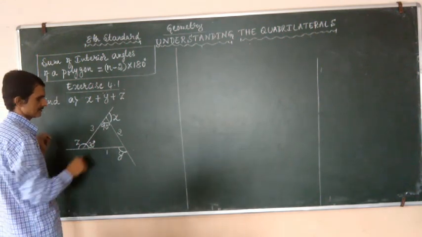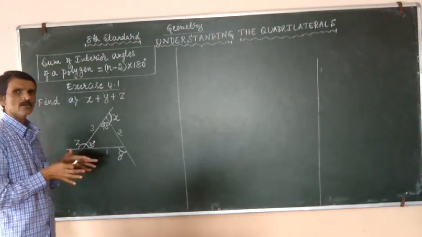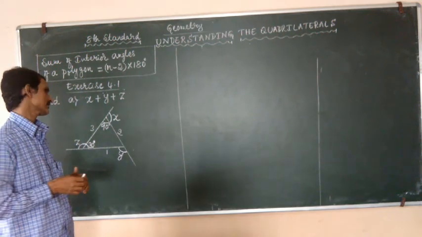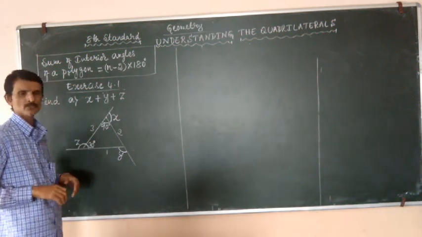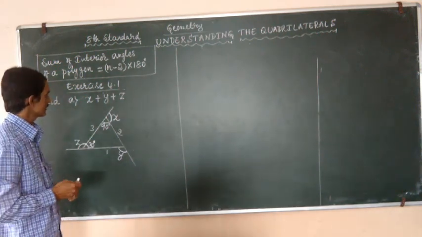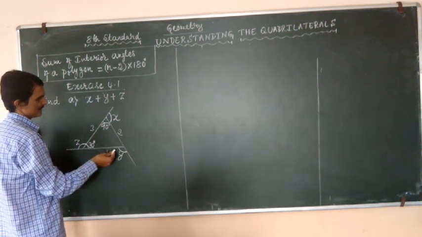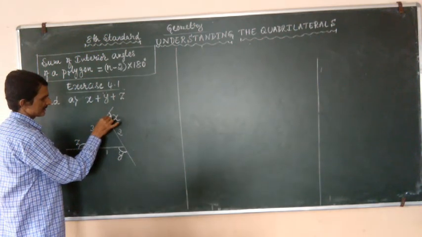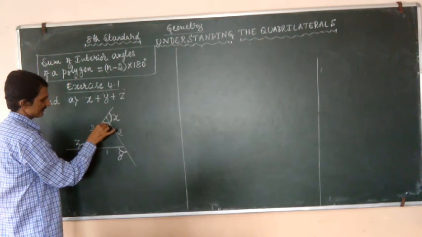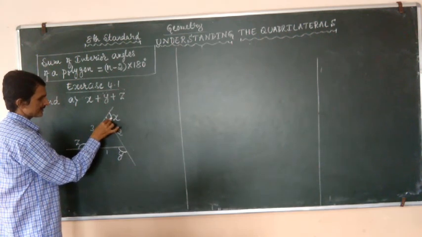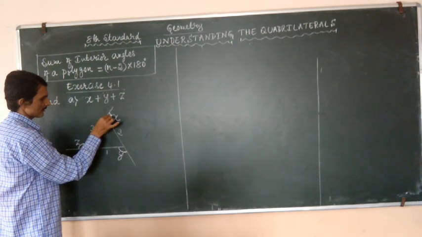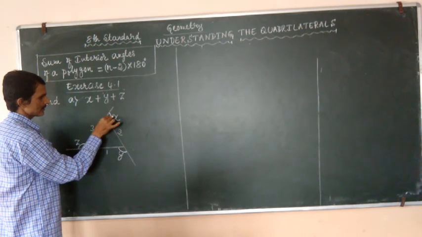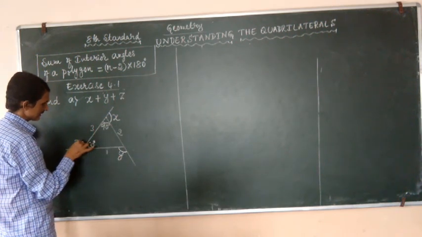In this triangle, you already know that the sum of the interior angles is equal to 180 degrees. But in this problem, they have given the interior angles. First, we have to find the values of x, y, and z.